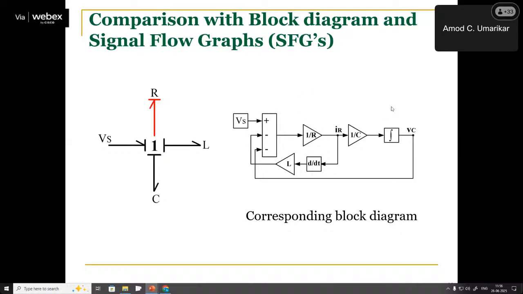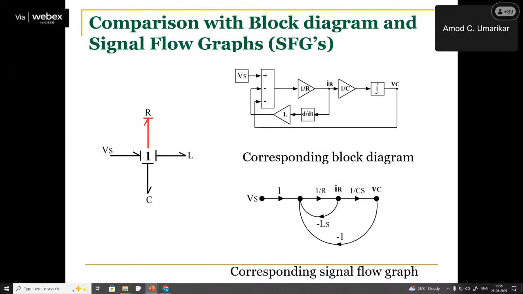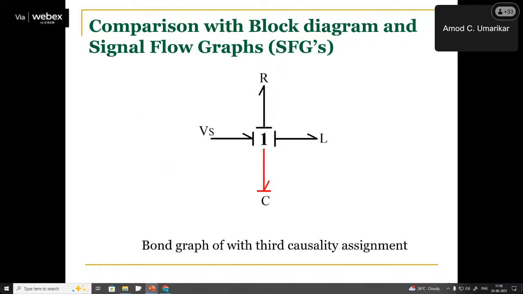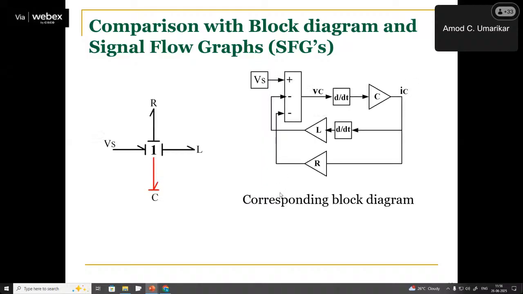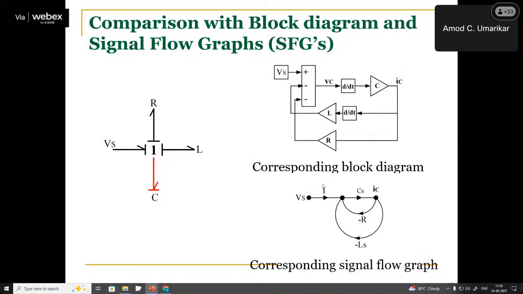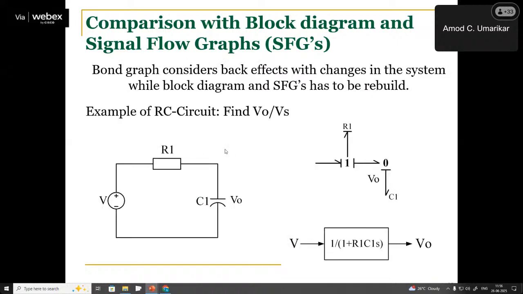The corresponding block diagram is different. However, bond graph is same. Signal flow graph is also different. Similarly, all the causalities are derivative causalities for L and C as well. Both equations are derivative equations and the corresponding signal flow graph is different. So what is the takeaway message?